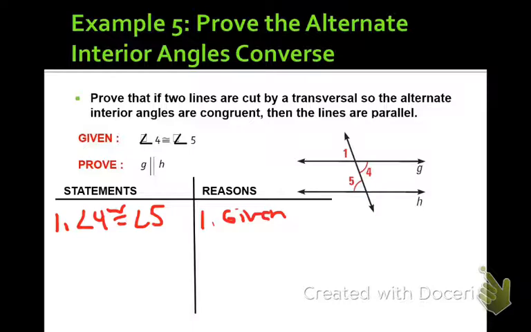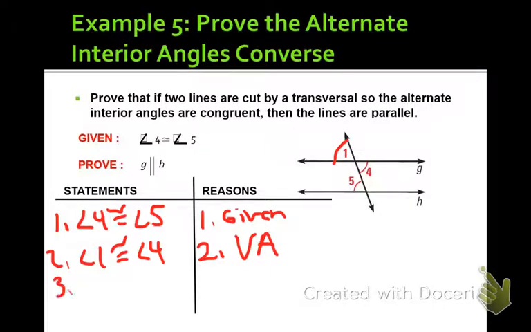All right? So we've got angle 1 is congruent to angle 4 by VA, vertical angles. So now we've got 1 congruent to 4. Okay, what can I say next?